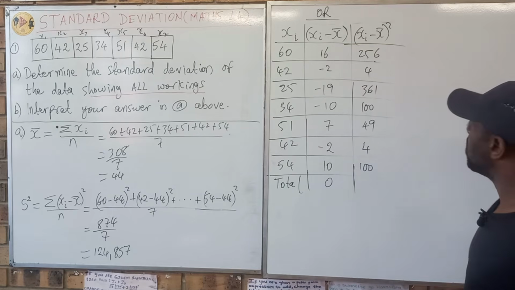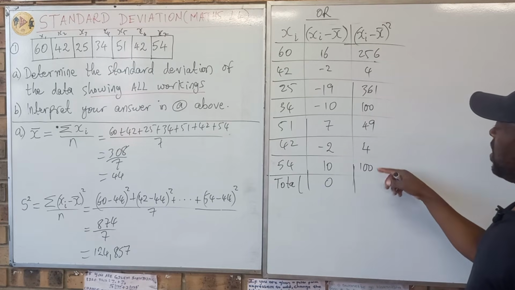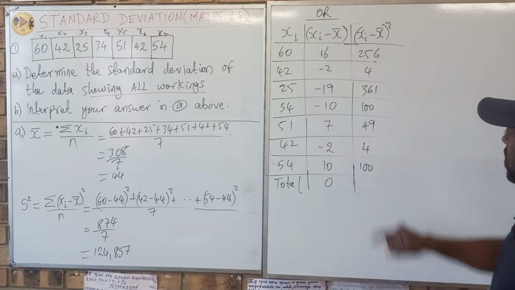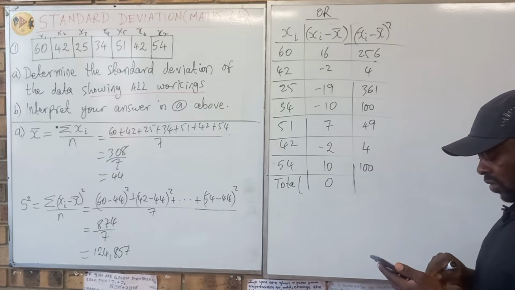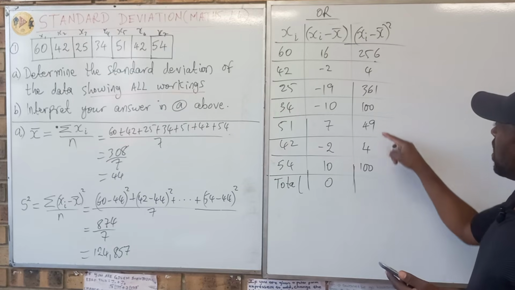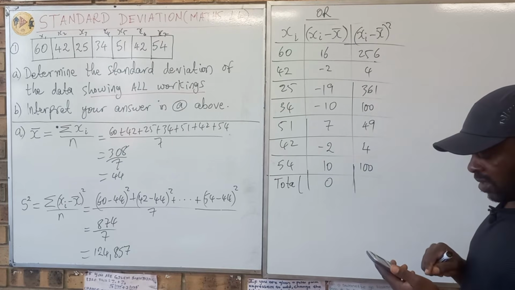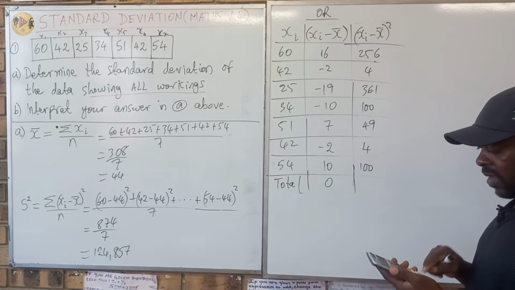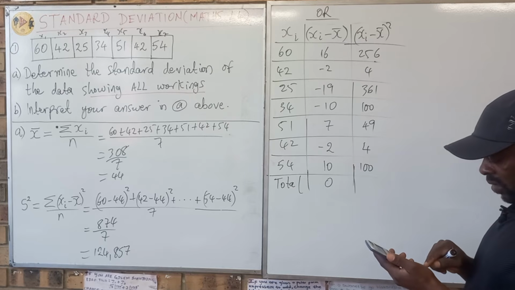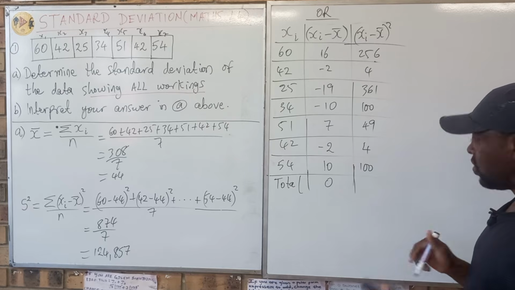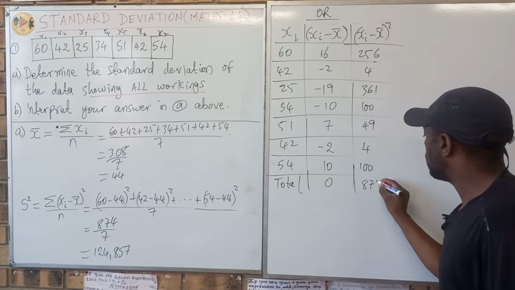Let's now add up the numbers here. 100 plus 100 is 200, I get 204, plus 49, plus 365, plus 365, then plus 256. That gives us exactly 874.